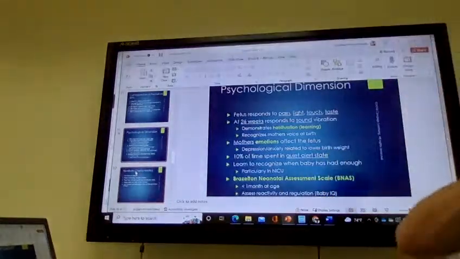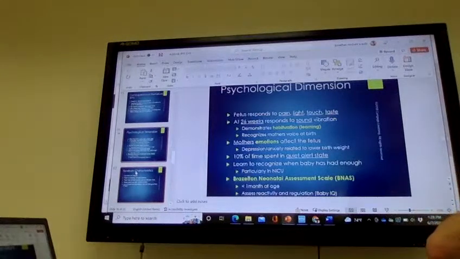Some of the psychological dimensions we go over in human behavior in the social environment. So the fetus responds to pain, light, touch, taste at 26 weeks, or responds to sound vibration. Also demonstrates habituation, learning, recognizes mother's voice at birth.